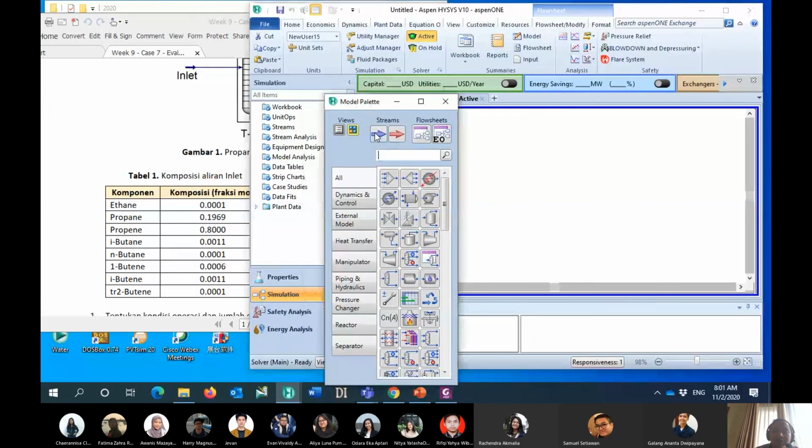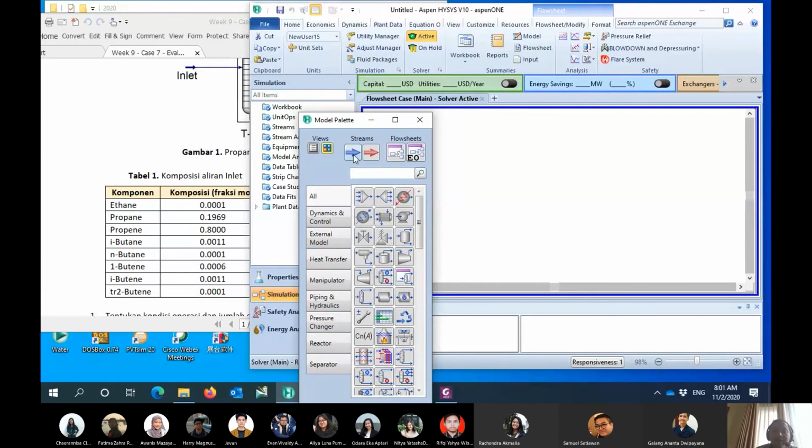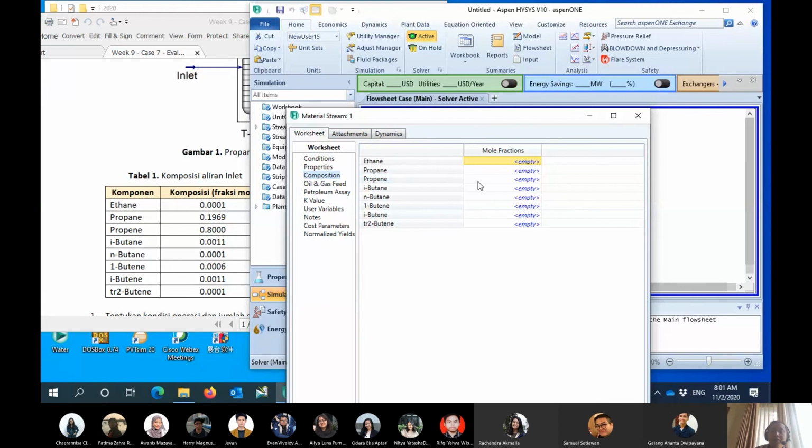What I have to do is define the components, and then put the composition of these components following table number 1.